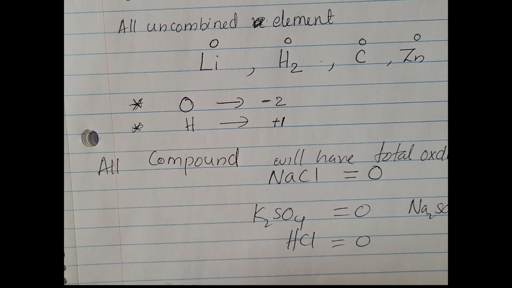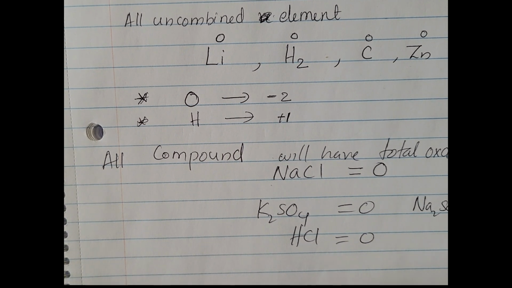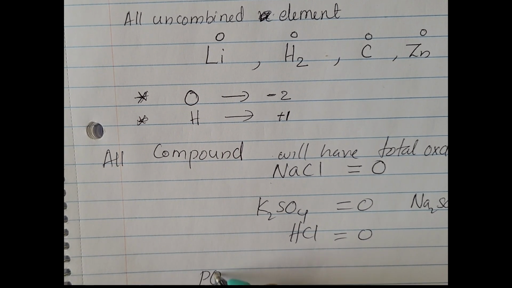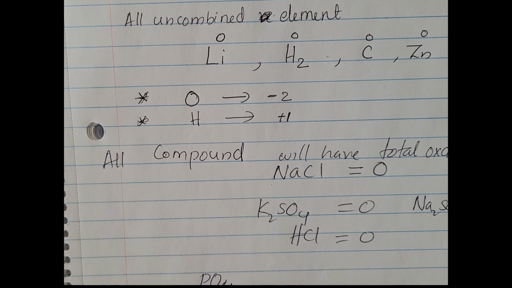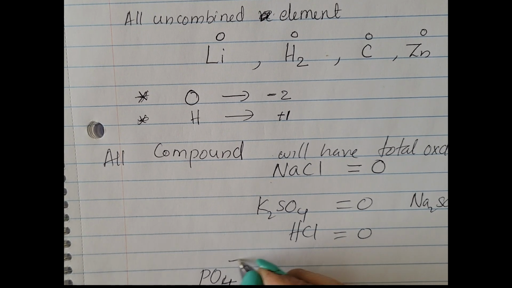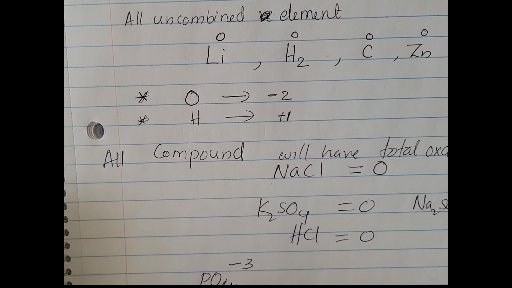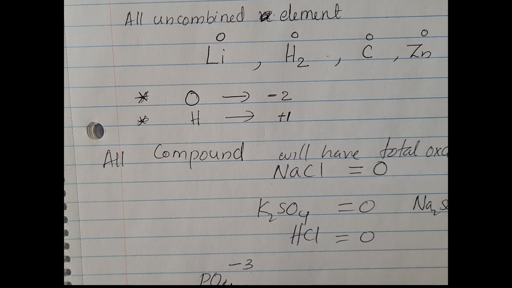Okay. Then if you see a polyatomic ion, say for example I am writing phosphate. What is the charge for phosphate? Yes, that is their charge. Their charge will be equal to their oxidation number, because they are not equal to 0, because it is only a part of a compound. Okay, a polyatomic ion by itself is not a compound. It is just a part of a compound.